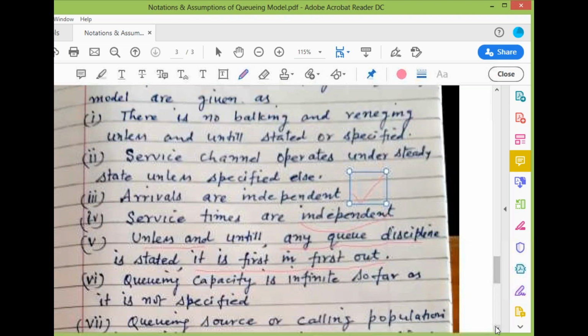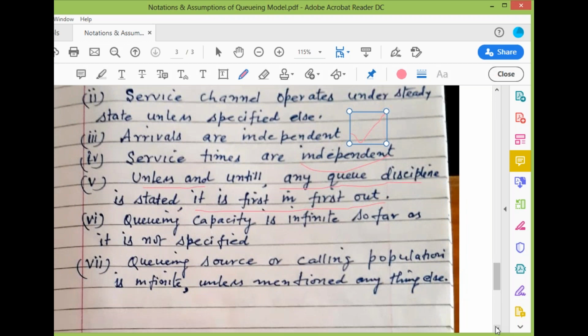The next assumption is that the system capacity is infinite so far as it is not specified. It is not specified means it is not mentioned or stated that it is finite. If it is mentioned in the beginning that it is going to be finite, it's okay. Otherwise, it is assumed. Just now we have seen the case.